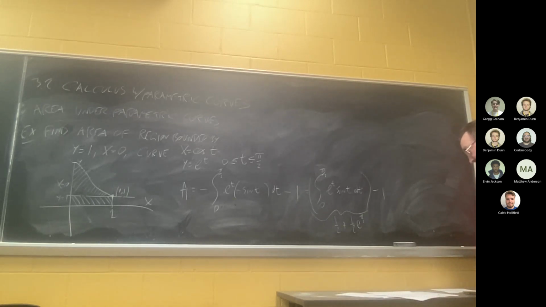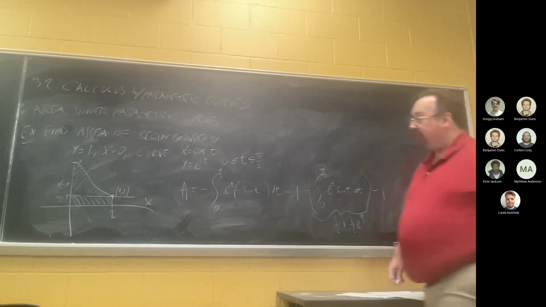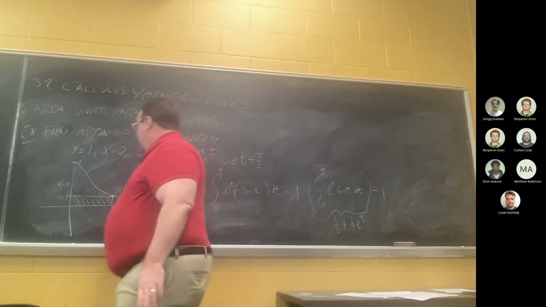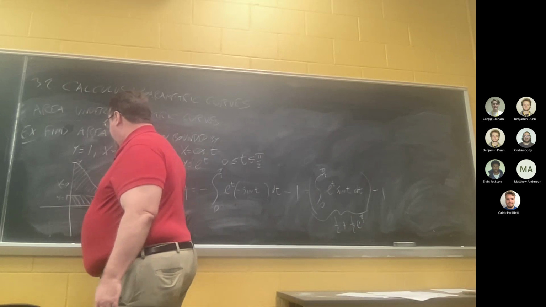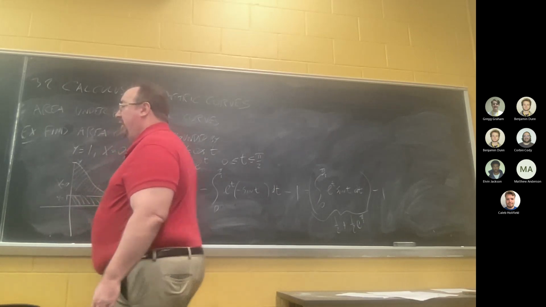I won't go through the individual parts there because of time, but there actually is a somewhat easier way to compute the area of this region, because although we do not have y equals 0, the x-axis, as a boundary, we do have the y-axis as a boundary.